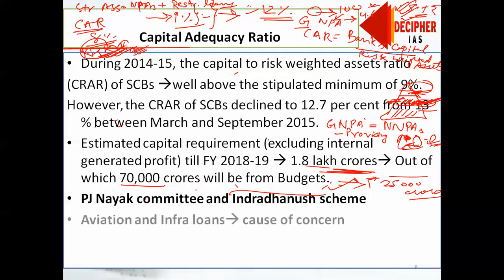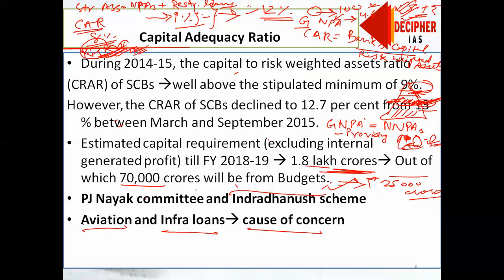So now coming to the next point. Now 5 subsectors, namely mining, iron and steel, textiles, infrastructure and aviation, have contributed most of the bad loans or stressed advances. Okay, and out of that, aviation and infra loans are a cause of concern. Why?